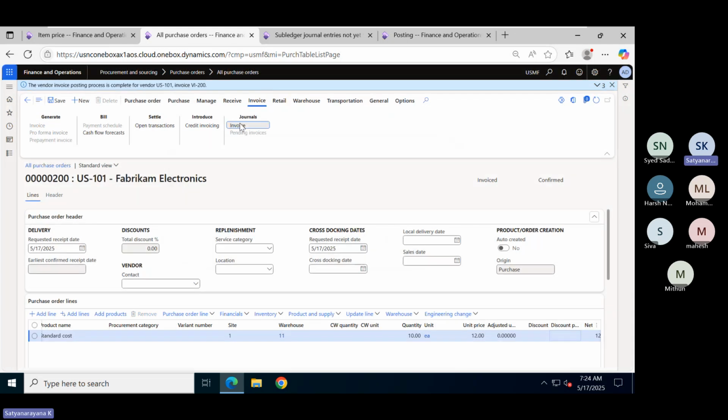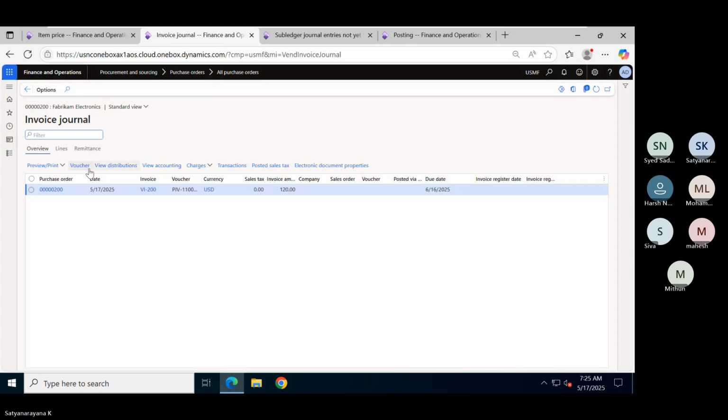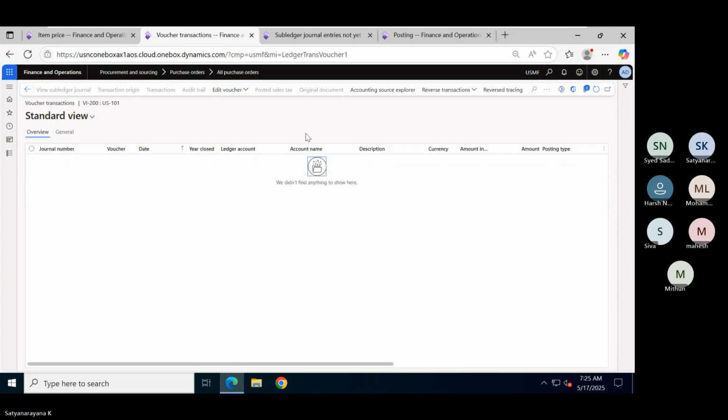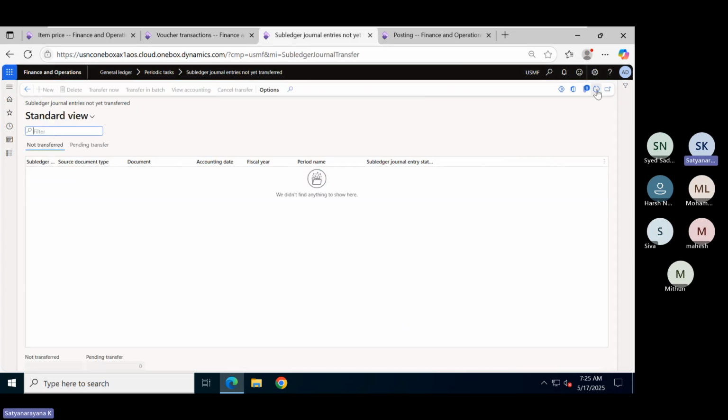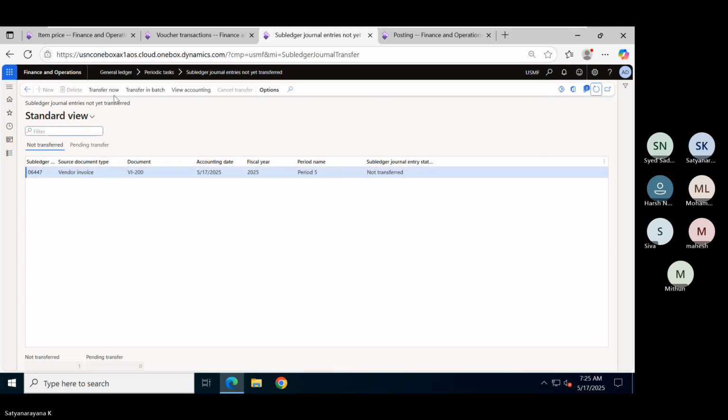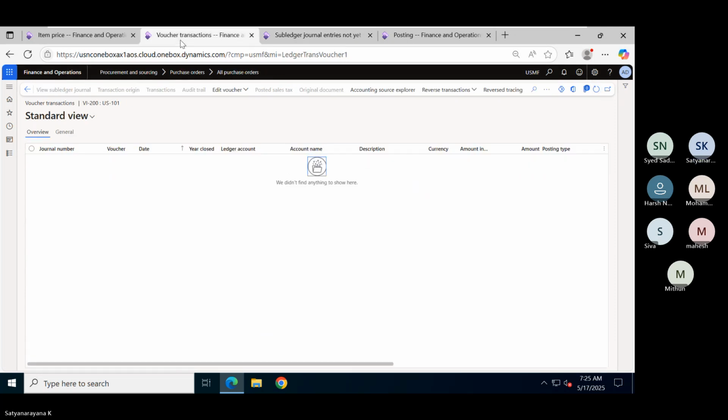Now, if you verify the invoice and voucher, it is not there. Let me transfer now. Look at this.